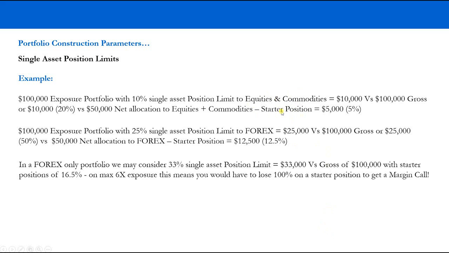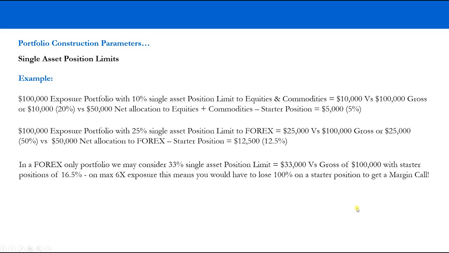Whereas in an equities and commodities and Forex combined portfolio, we want to obviously allocate to where volatility exists and therefore where opportunity exists. So in this example of a $100,000 Forex only portfolio, we're looking to have some diversity where we have a minimum of 3 positions, and therefore we have a 33% single asset position limit.